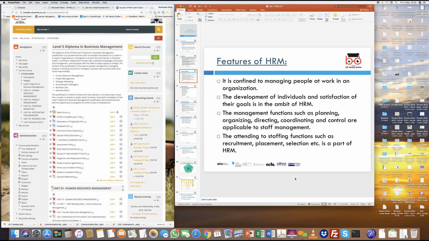So here, the key feature of HRM is they are concerned about people's well-being within the organization, or their resources, like human resources. Their aim is to understand that we need to be able to provide, function, and deliver things which are required for resources like employees to function effectively within the organization.